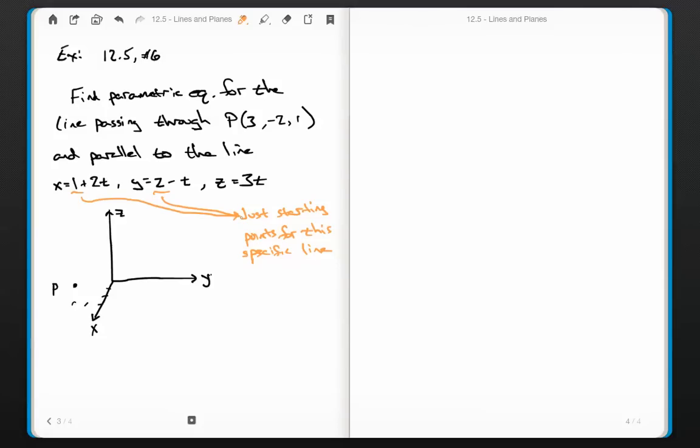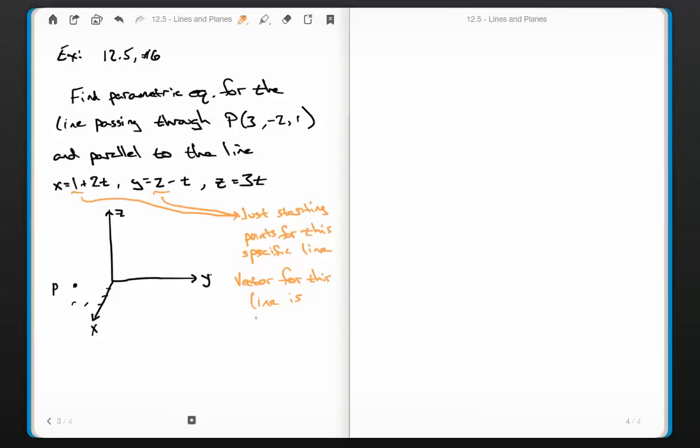The direction of this line is analogous to the slope in the y equals mx plus b format. So the vector that defines the direction of this line is really just kind of like the slopes.